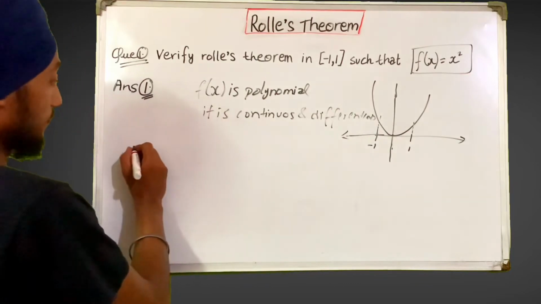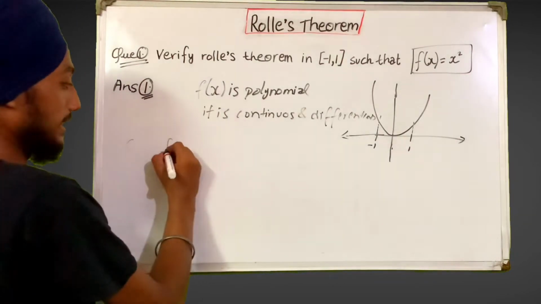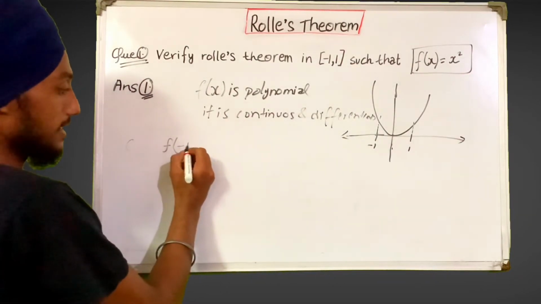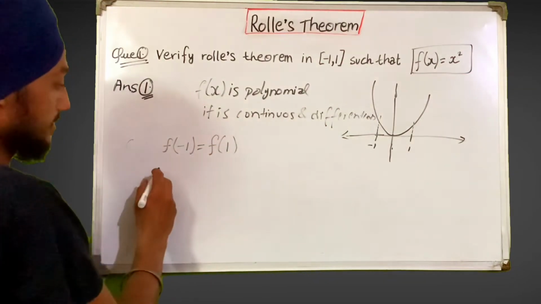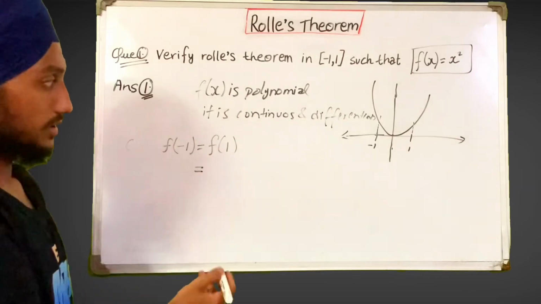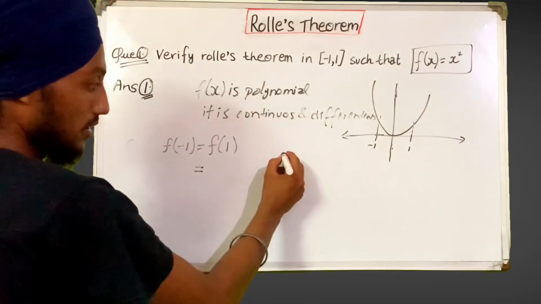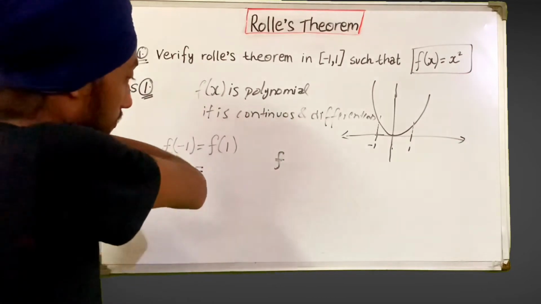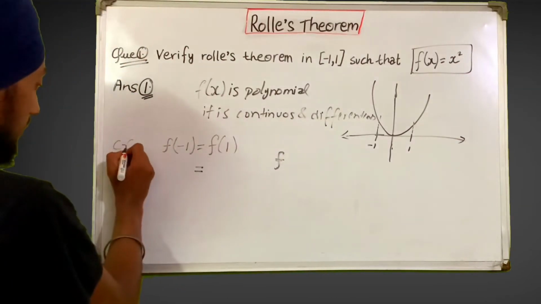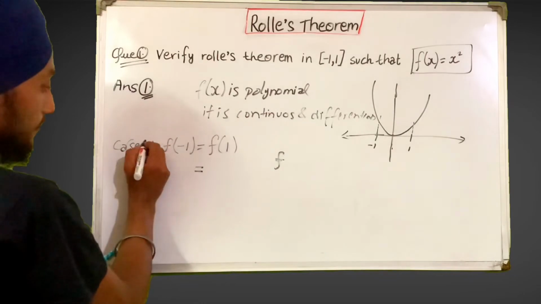Then we have to determine the third condition, that f of minus 1 should be equal to f of 1. If this becomes equal, then we can verify Rolle's theorem. So let's look at case number 3.